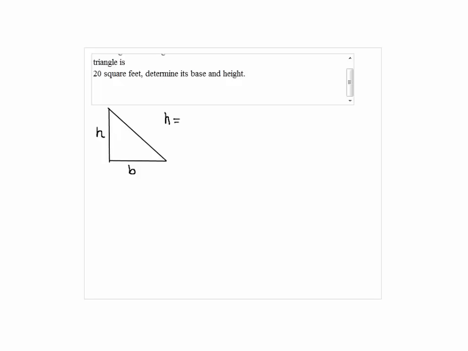The height of a triangle is 2 feet less than twice its base. So let's take a look at the picture. So if this is the base, and this is the height.